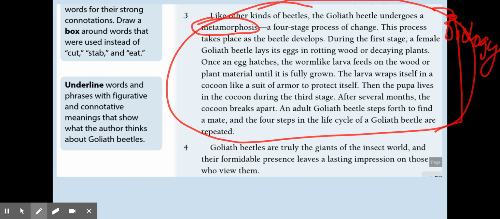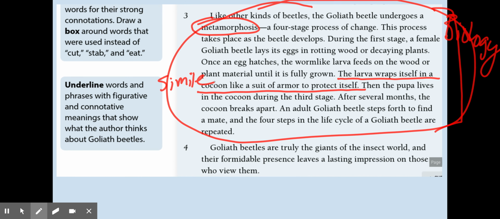Now there is a simile in this. Can you find it? Good job. The larva wraps itself in a cocoon like a suit of armor to protect itself. That is our simile.